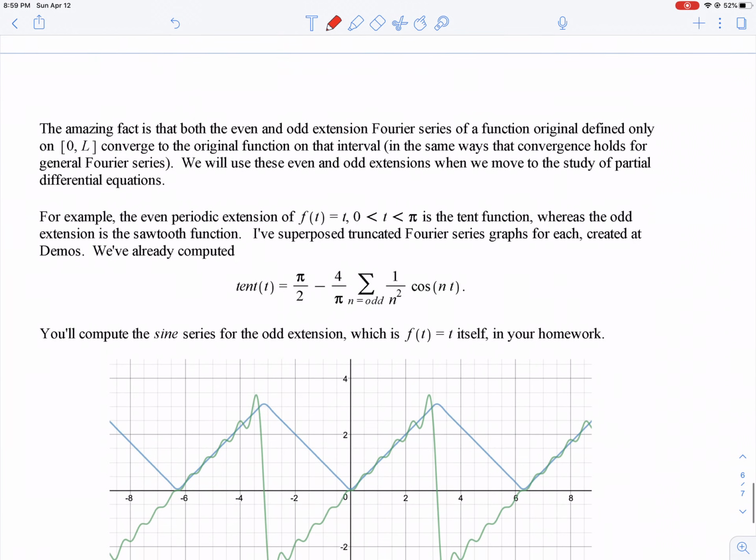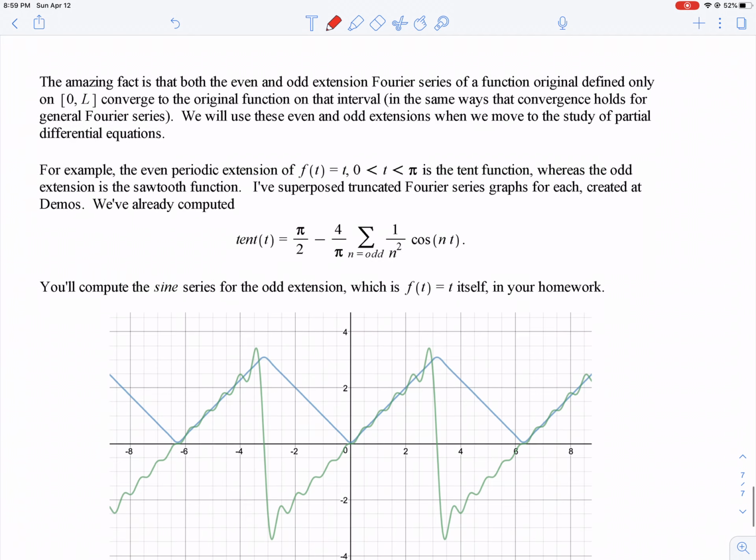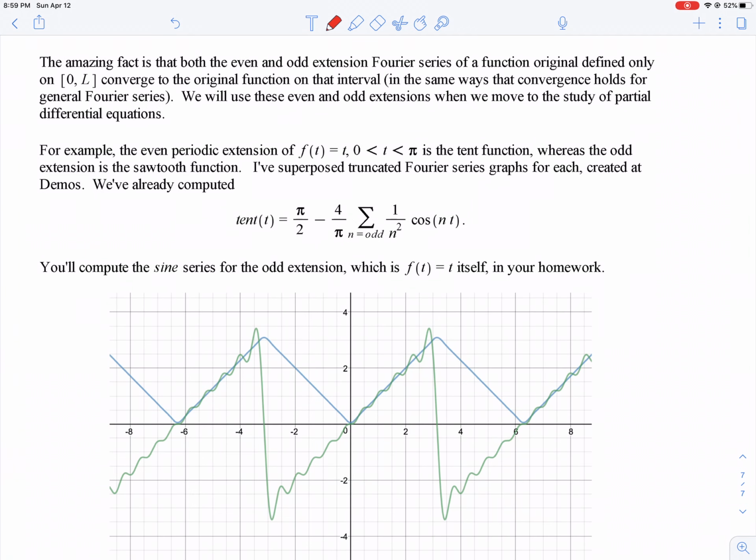Okay, now, as I say, we're going to use this in the upcoming applications. What's cool mathematically is if you start with a function defined from 0 to L, so say from 0 to pi, and why don't we just use f of t equals t, you can see geometrically that the extension is going to be the tent function.